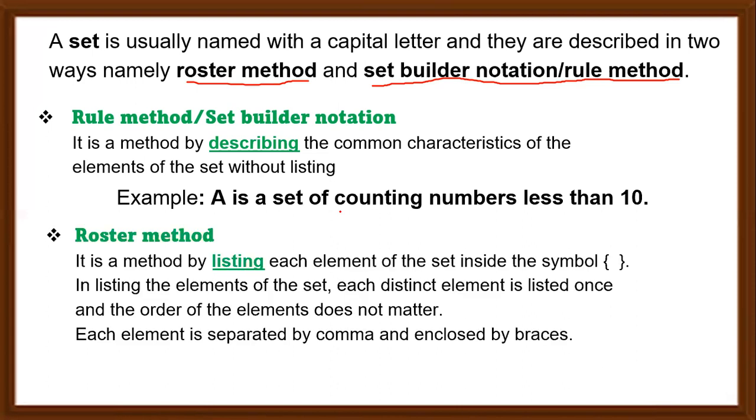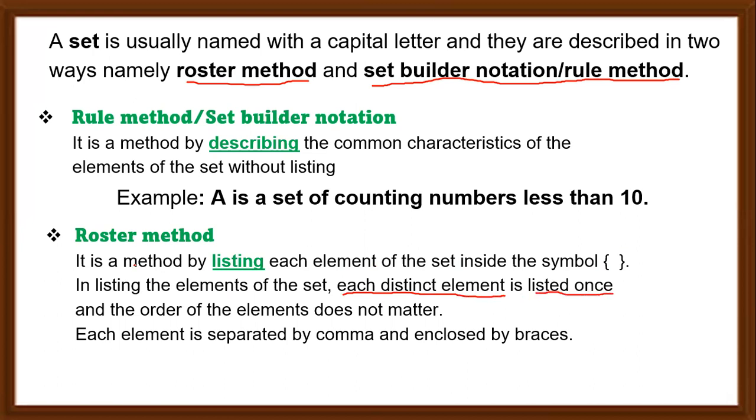Dito naman tayo sa roster method. Pag sinabi natin roster method, ito yung method kung saan naglilista ka. Ano yung nililista mo or listing? Listing each element of the set inside the symbol. Ito yung open-close braces. In listing the elements of the set, tandaan natin, kapag nilista mo yung mga element sa loob ng open-close braces mo, kailangan each distinct element. Hindi pwedeng maulit. Kaya nga sabi niya, listed once.